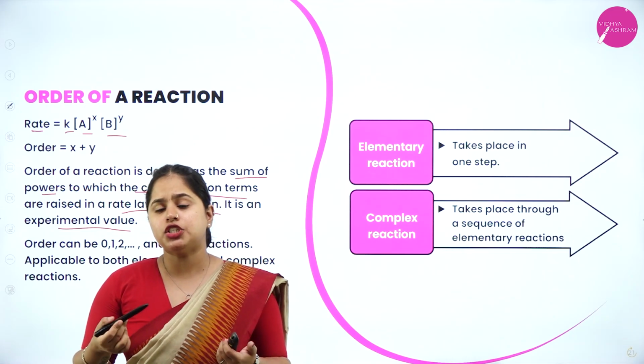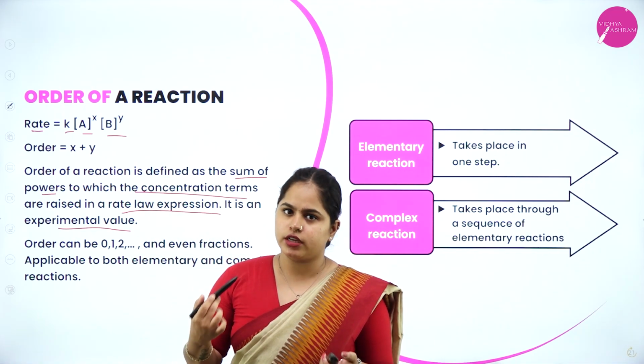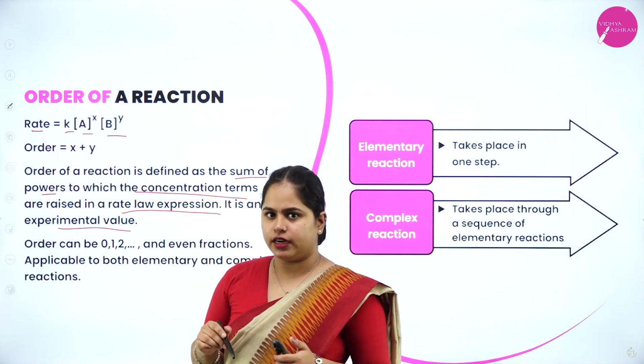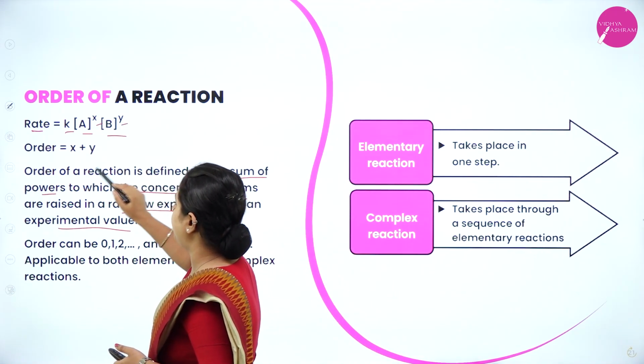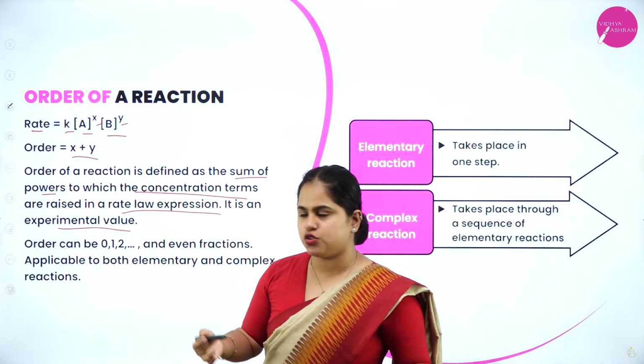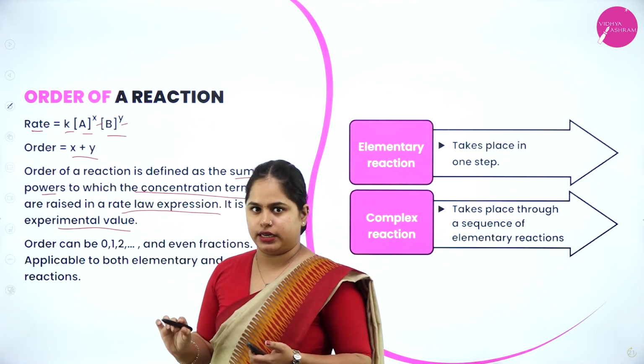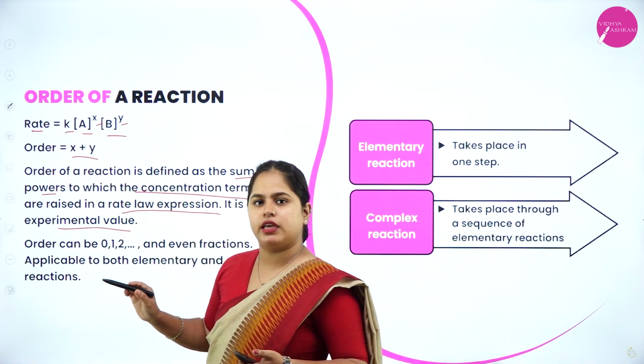So, the concentration terms are raised to some powers which may or may not be equal to their stoichiometric coefficient, right? We have already discussed this. The sum of these two powers will give you the order. That's it. So, order is the sum of the powers to which the concentration terms are raised in a rate law or rate expression. So, this x plus y will give you the order.